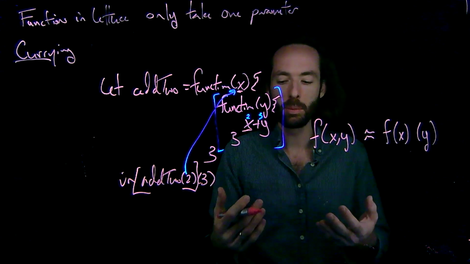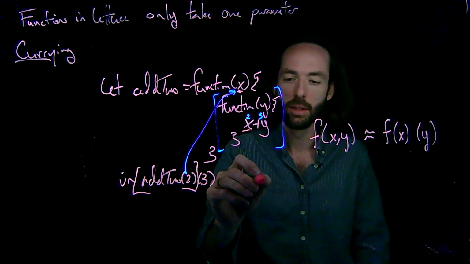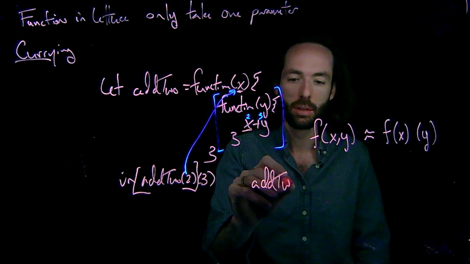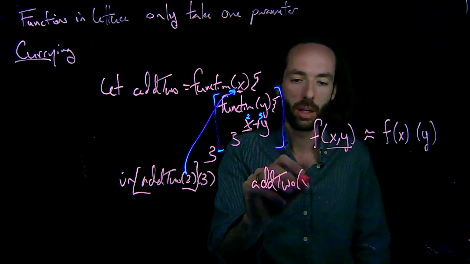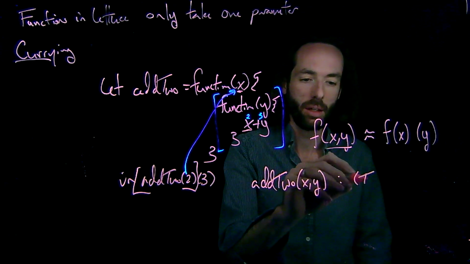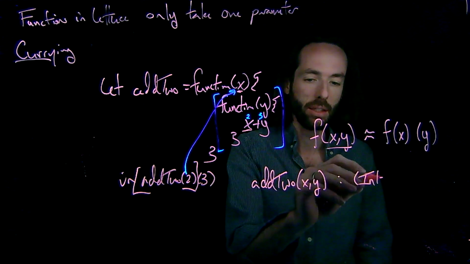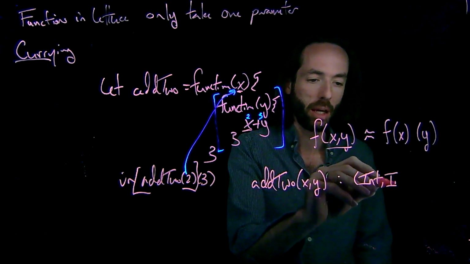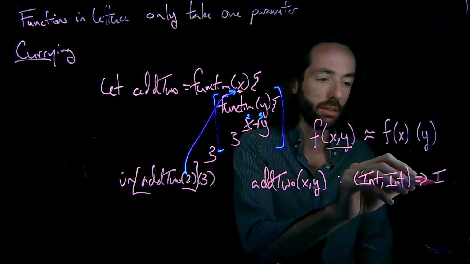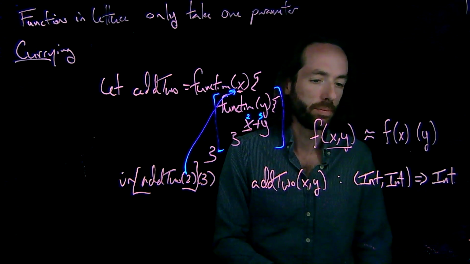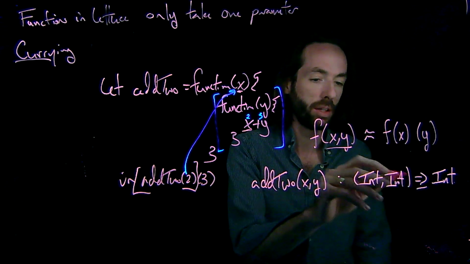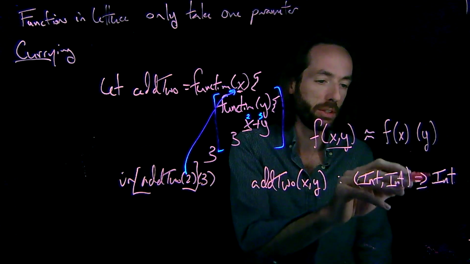In a type systems way of looking at this, if we had a version that took in two parameters, x, y, what is the type of this program? Well, this function takes in a pair of integers, and it returns an integer. This arrow, remember, represents a function that takes something of this type and returns something of this type.